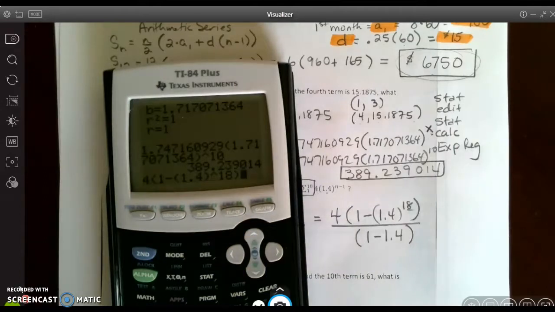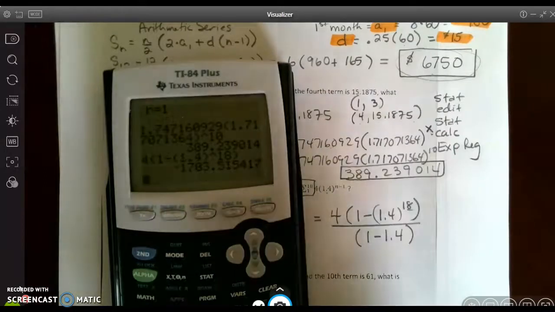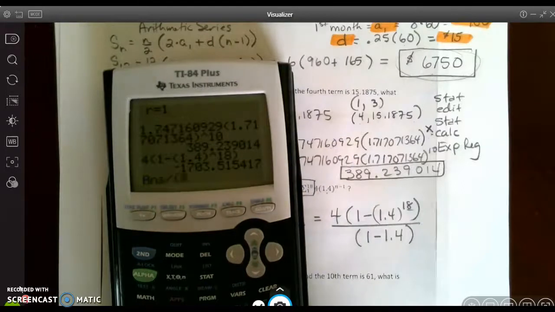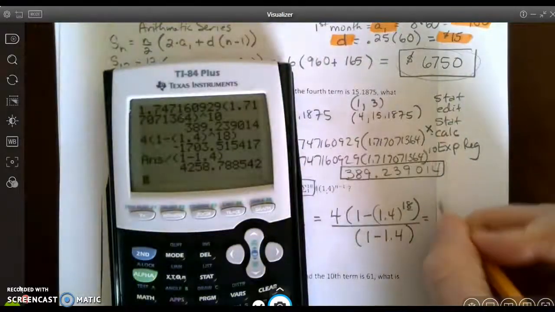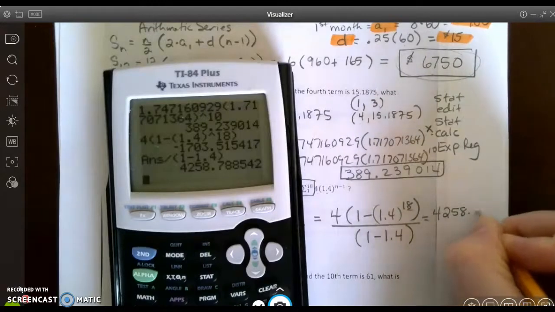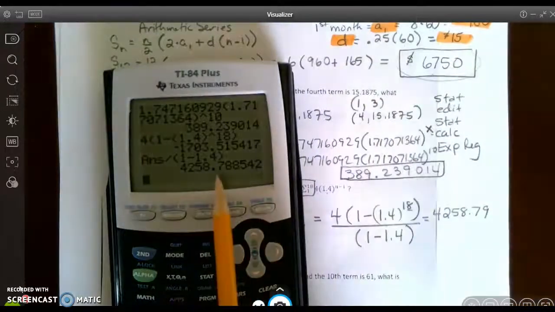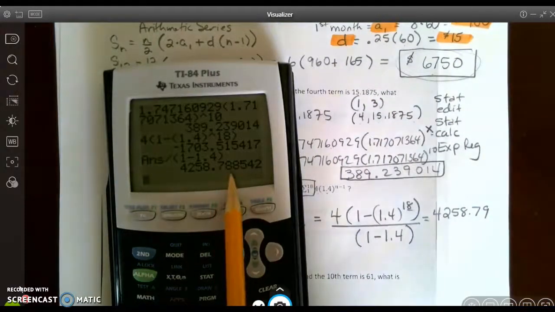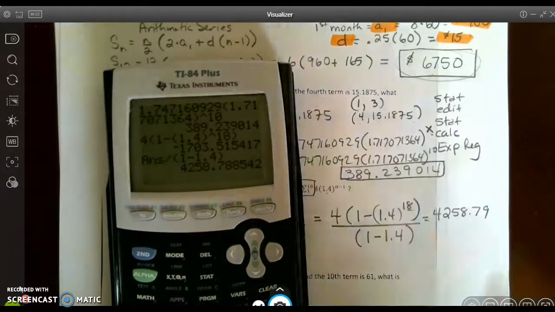That's going to be my numerator. And I divide by, in parentheses, 1 minus 1.4. 4,258.79, because it said round to the nearest hundredth. So that 8 would bump that 8 to a 9.